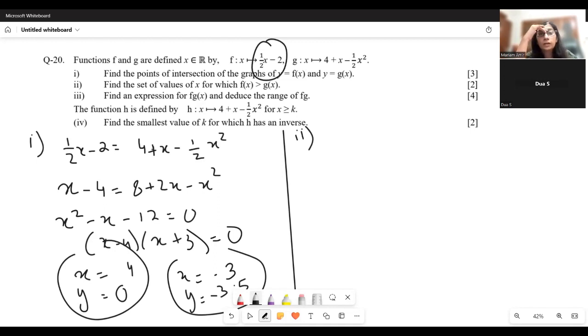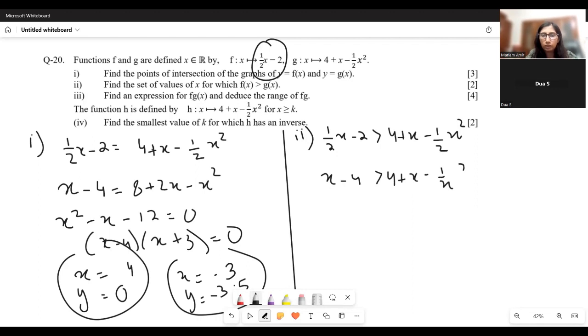Okay. Part 2, find the set of values of x for which f(x) is greater than g(x). So half x minus 2 is greater than 4 plus x minus half x square. Again, I'm going to multiply both sides by 2. Whether it's the inequality or the equation, the same thing will come. x minus 4 is greater than 8 plus 2x minus x square.